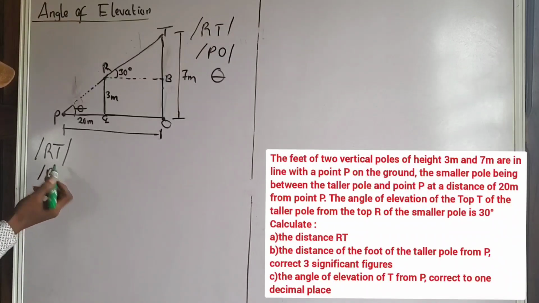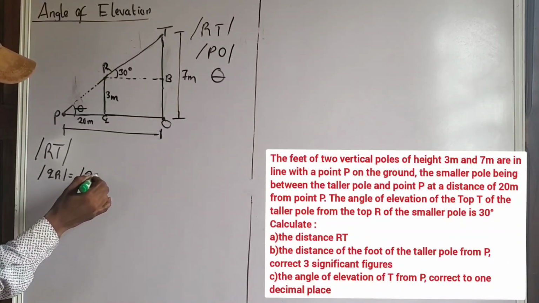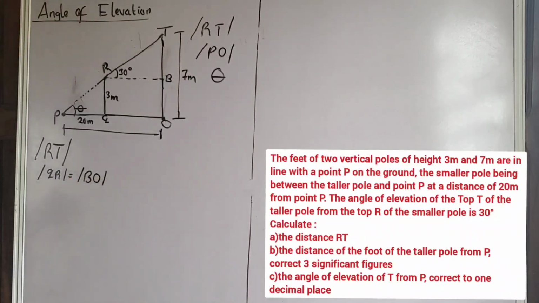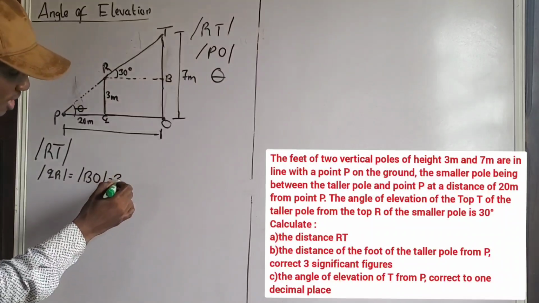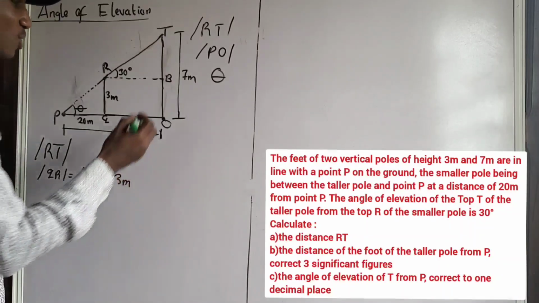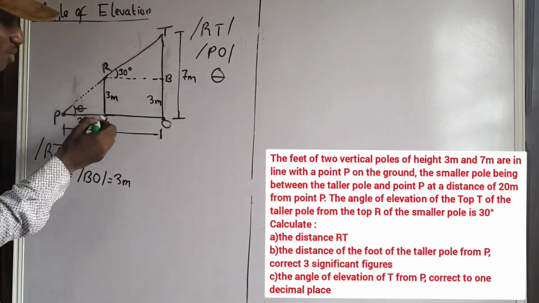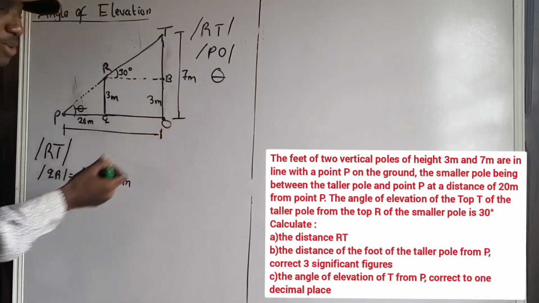Line QR, depending on how you want to pronounce it, is equal to line BO, equal to 3 meter, because both of them are parallel. They are parallel and also equal. So this also will be 3 meter. The distance from this point to this point is the same as the distance from this point to this point. That's 3 meter.